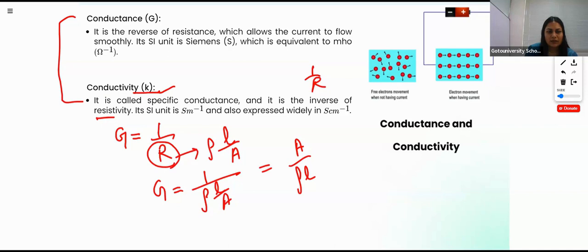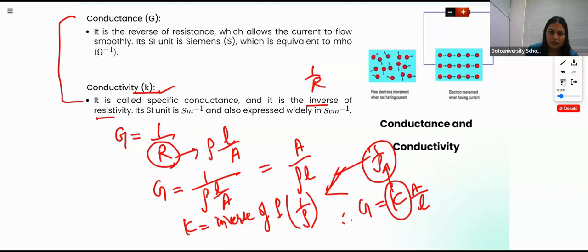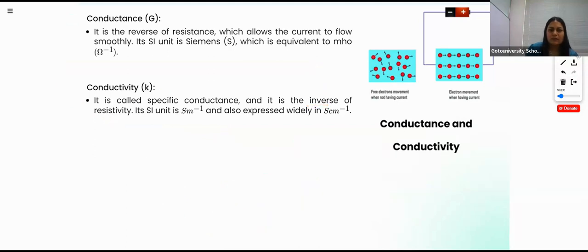And conductivity is the inverse of resistivity. What is resistivity? That is rho, so the inverse is 1 by rho. So that is why G can be written as kappa A over L, where this 1 over rho is kappa. Understood? It is also known as the conductivity constant.